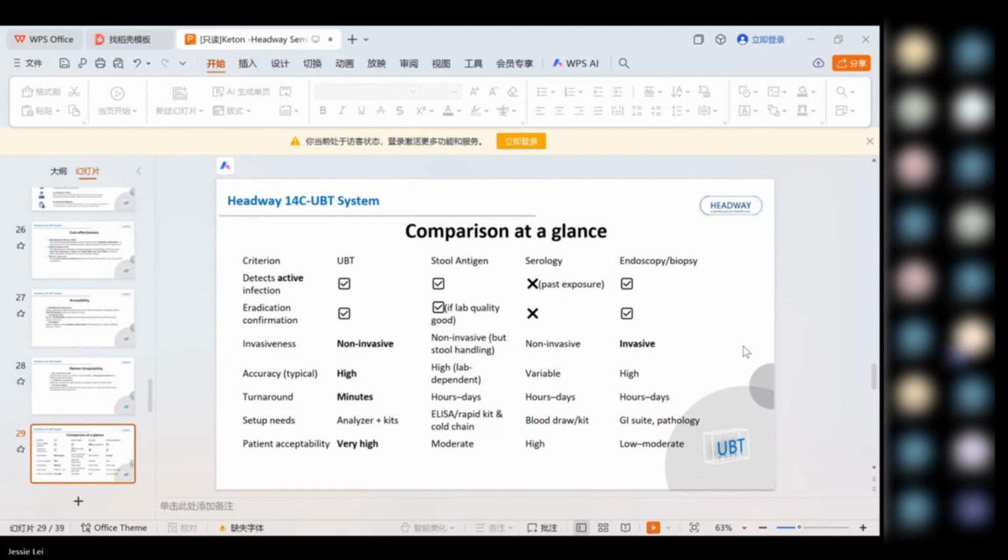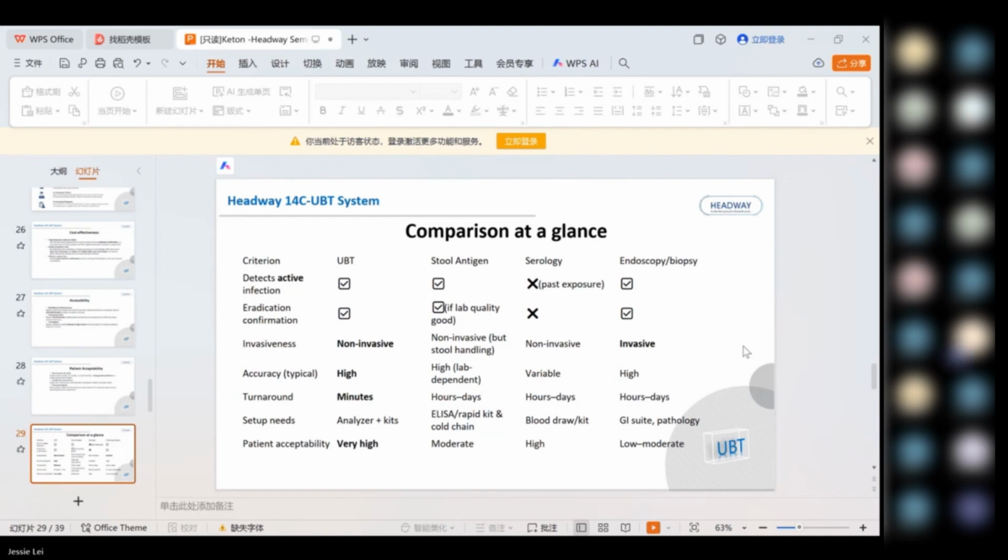Okay. There's no side effect because the only ingredient of this capsule is urea. And urea is very common in the human body. The difference of our capsule is that it has been labeled with carbon 14 or carbon 13. So that's the urea only. There's no side effect.